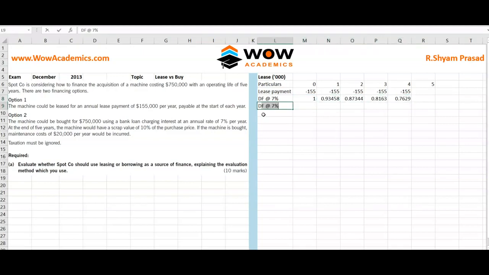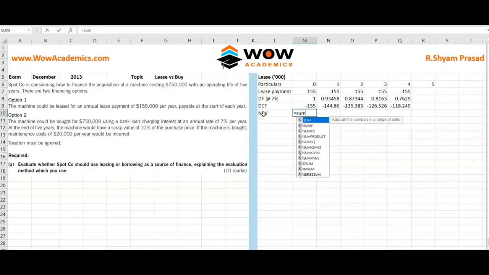Next is to find the discounted cash flow. That's just a multiplication of both these numbers, multiply them together, and you get the relevant discounted cash flows. The last one is the NPV. NPV is much easier.